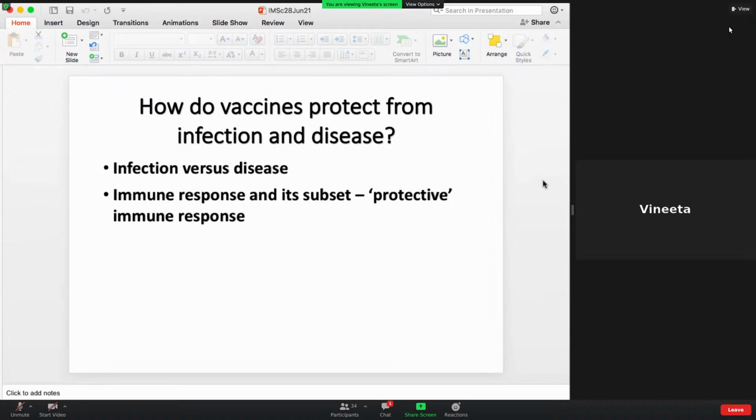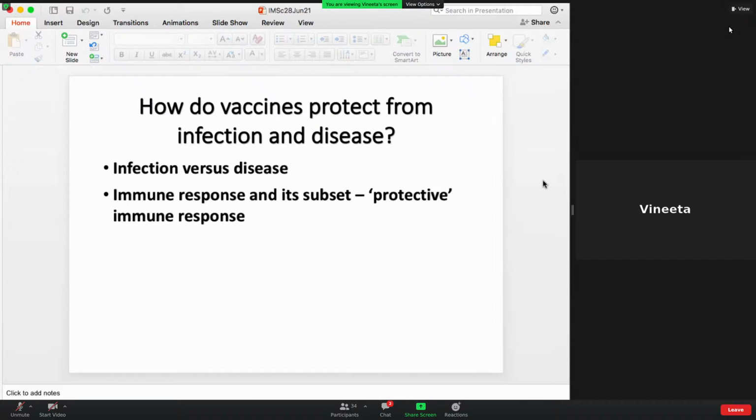So how do vaccines protect from infection and disease is what I'm going to talk about, and of course in the context of variants. And since this is a mixed crowd, I'm first going to make a distinction between infection versus disease, because that is actually relevant. Infection is when a pathogen, an organism, invades our natural barriers, and infection invariably will trigger an immune response, both the natural or innate immune response as well as the adaptive immune response, which means involving T and B cells.